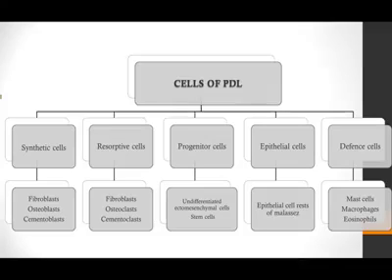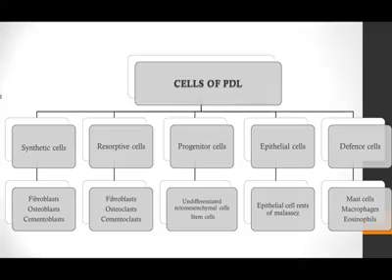Then we have undifferentiated ectomesenchymal cells, or the stem cells, that could differentiate into any of the fibroblast, cementoblast, osteoblast, depending upon the stimulus. They could be a source of any of these cells.